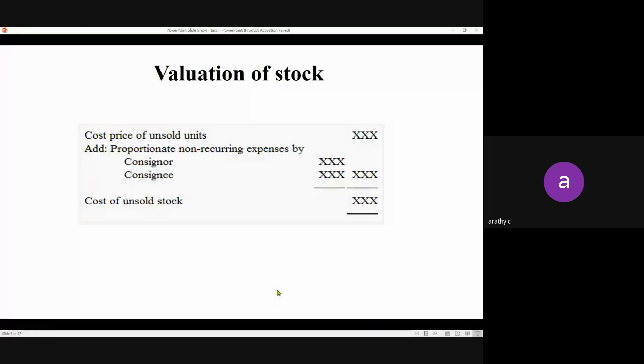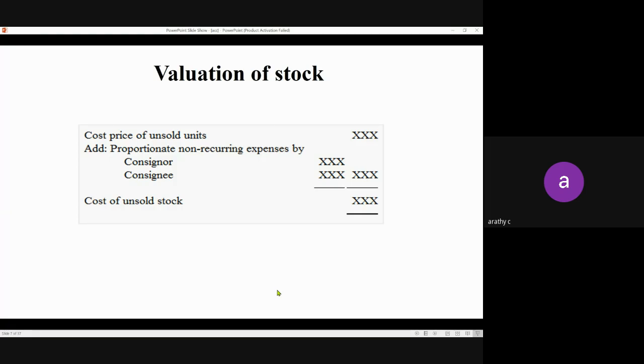These are the formulas for valuation of stock. First, you have to calculate the cost price of unsold units, and then add two items, that is, proportionate non-recurring expenses by consignor and consignee. So you just add the non-recurring expenses by consignor and consignee, then you will get the cost of unsold stock.